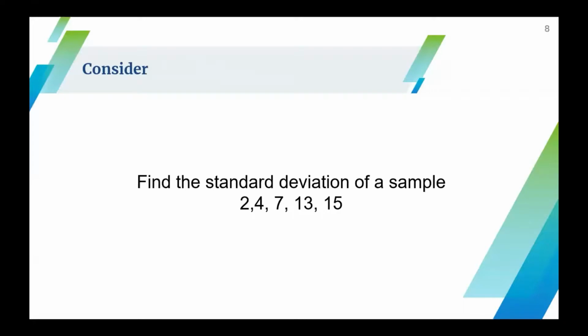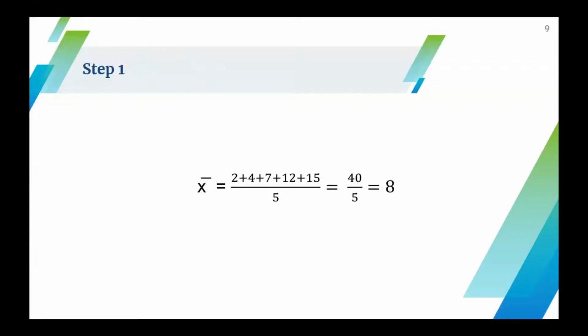For instance, find the standard deviation of this sample: 2, 4, 7, 12, 15. Step 1. Find the mean of the numbers. Thus, the mean x bar is equal to 2 plus 4 plus 7 plus 12 plus 15 over 5, which is equal to 40 over 5, which is 8. Step 2.